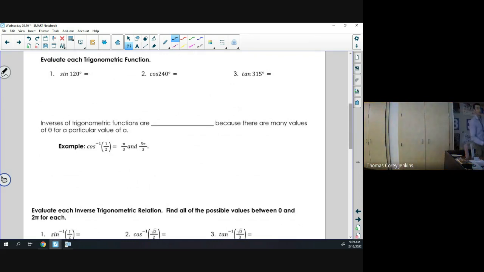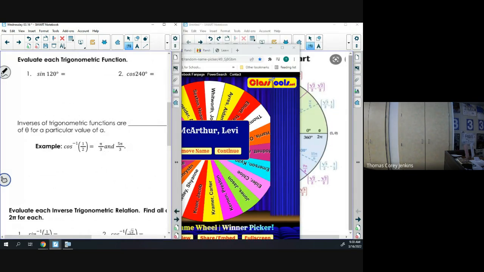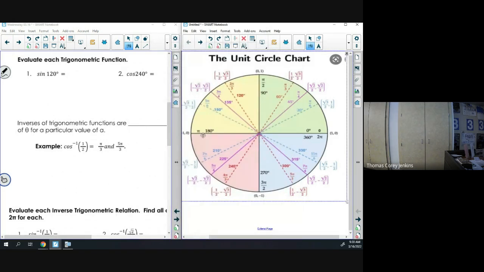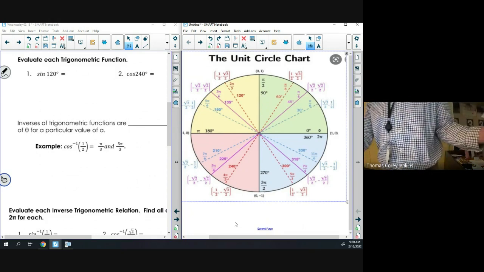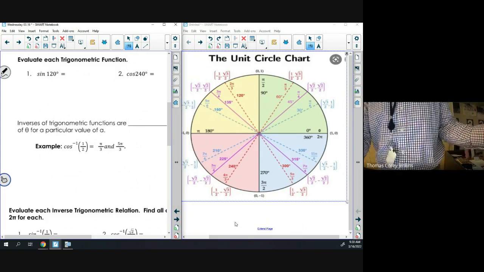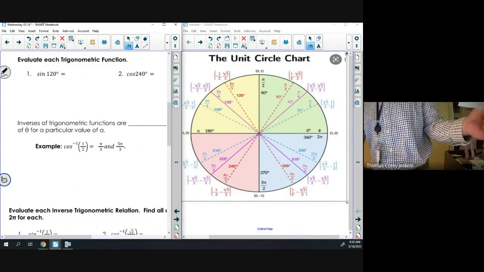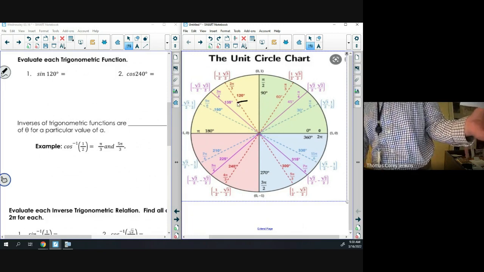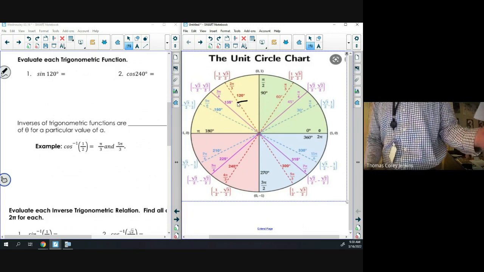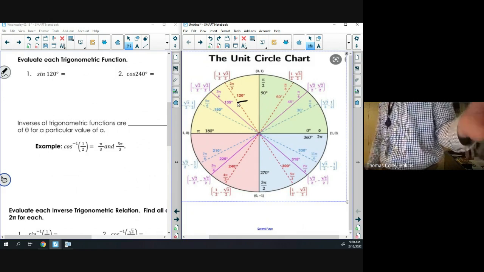So before we do, we'll do some old stuff to review, using your unit circle. So if you have that handy, your unit circle, you may want to reference that. It's going to be hard to see on the board there. All right, so just to review, if we wanted to use our unit circle to evaluate sine of 120, what we look at is we find our 120-degree angle, and then we remember, sine is either x or y.